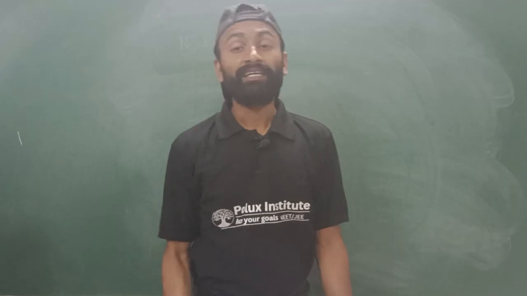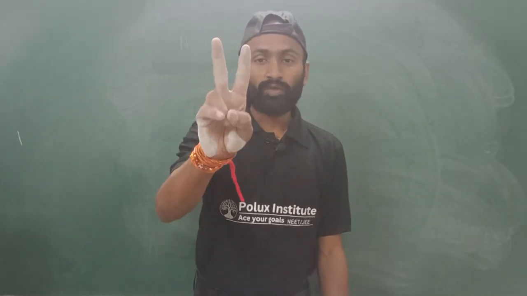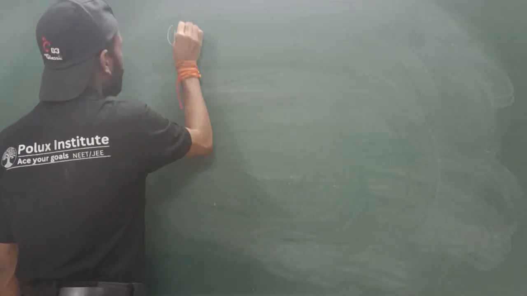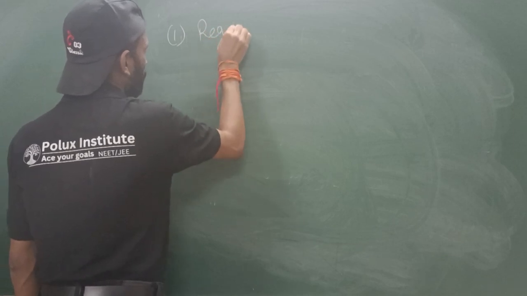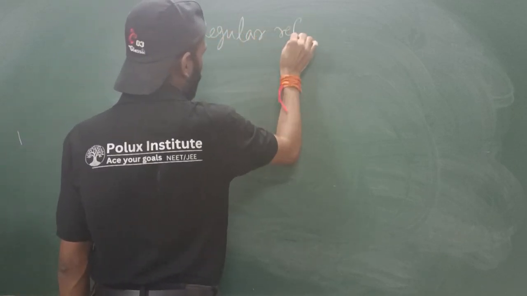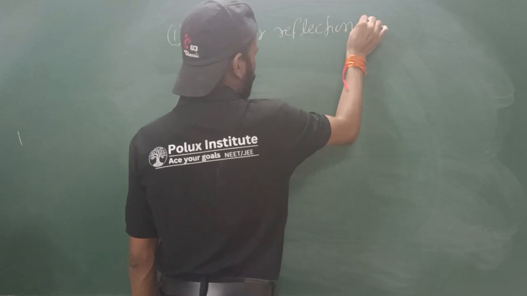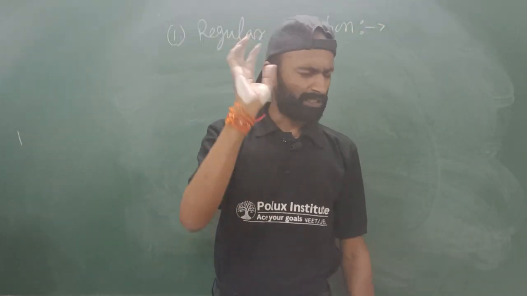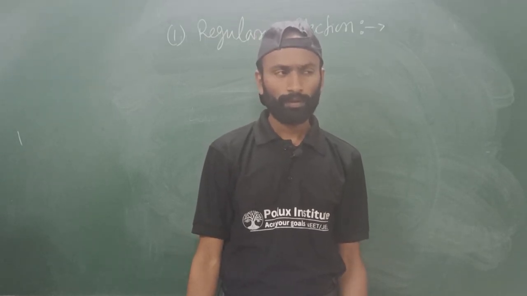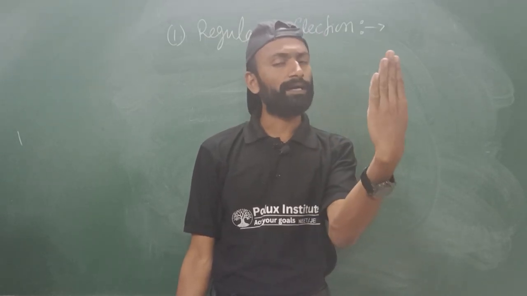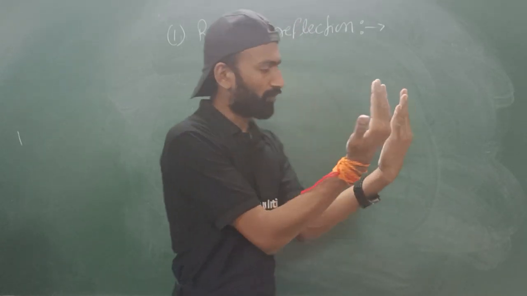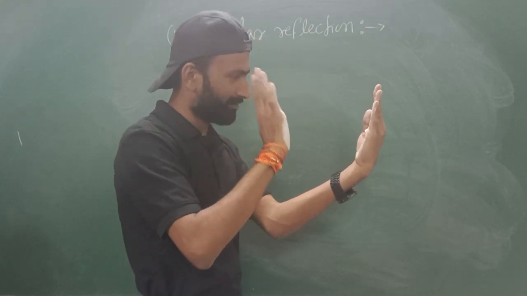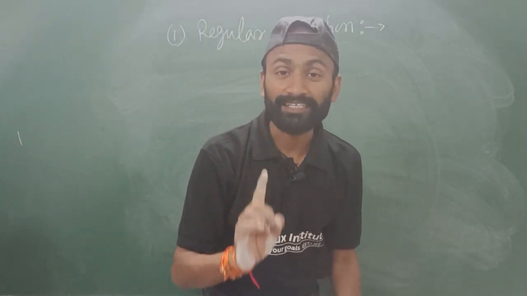Another thing. Now there are two types of reflection. The first type is called regular reflection. What is regular reflection? Just think, when we see a plane mirror, our photo will be very nice.